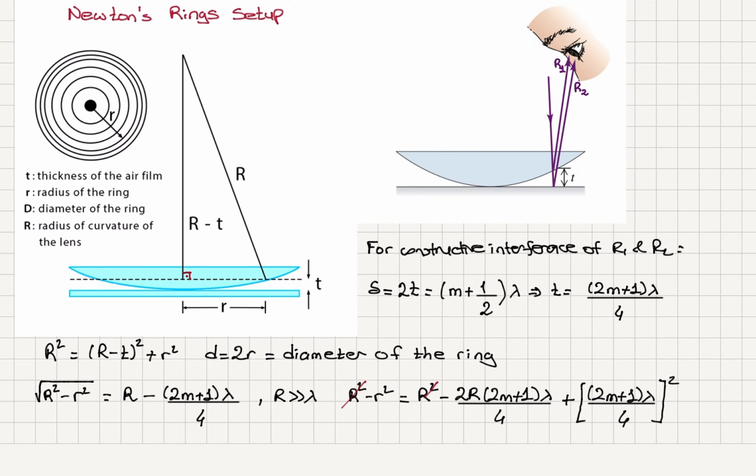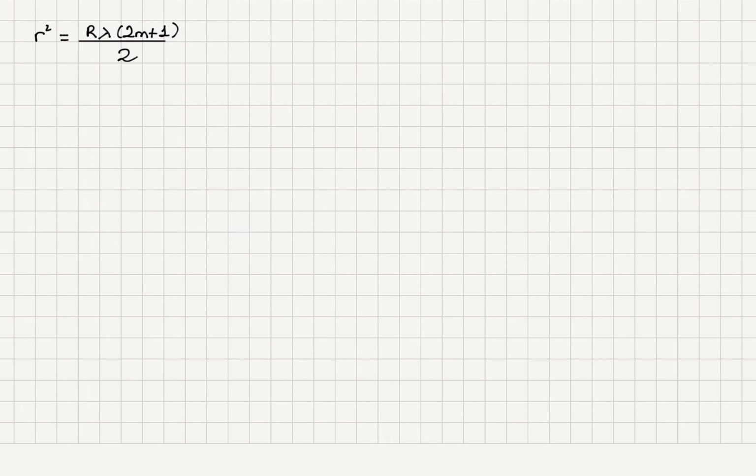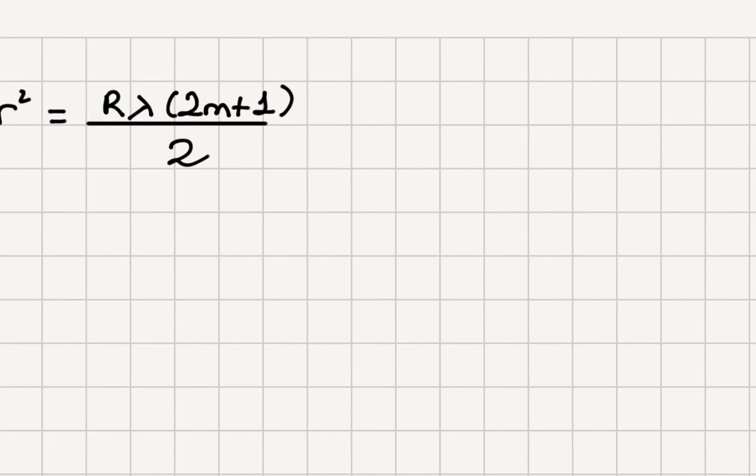Why divided by 2? Because this 2 makes this 4 into 2. And then I have minus ((2m plus 1) lambda divided by 4) squared.